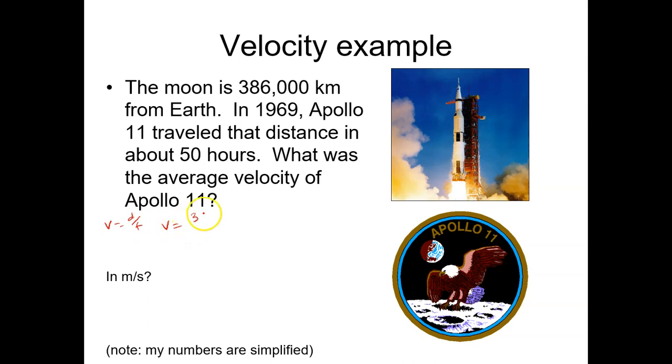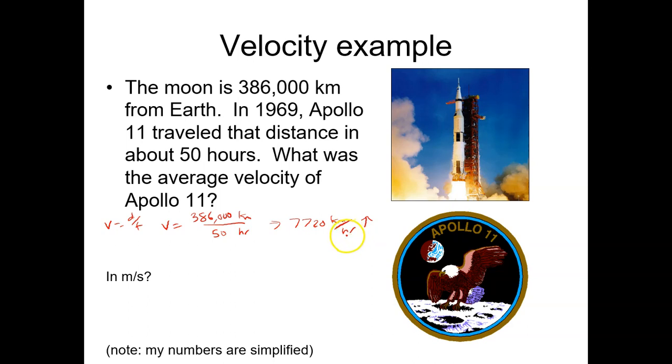We had 386,000 kilometers in 50 hours. Divide that out, 7,720 kilometers per hour. Direction, like moonward, I was going to put an up arrow. So towards the moon. So 7,720 kilometers per hour going towards the moon.